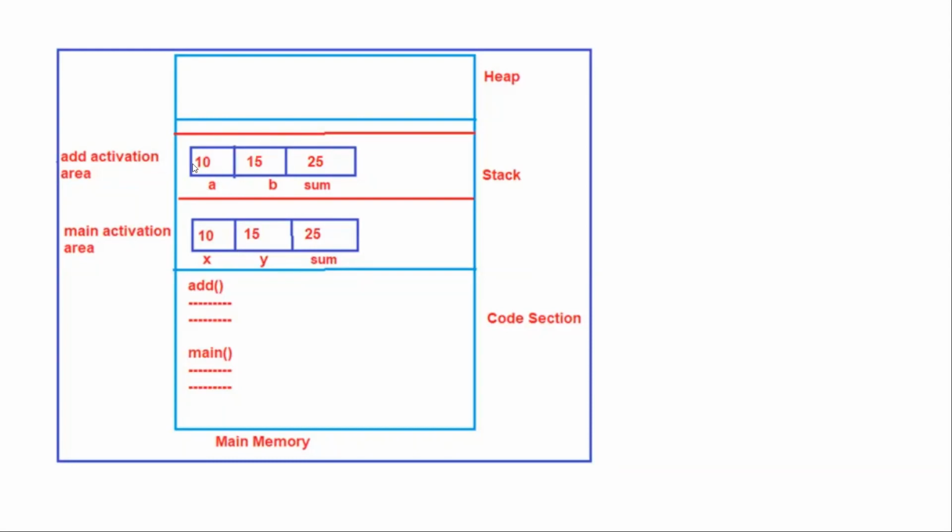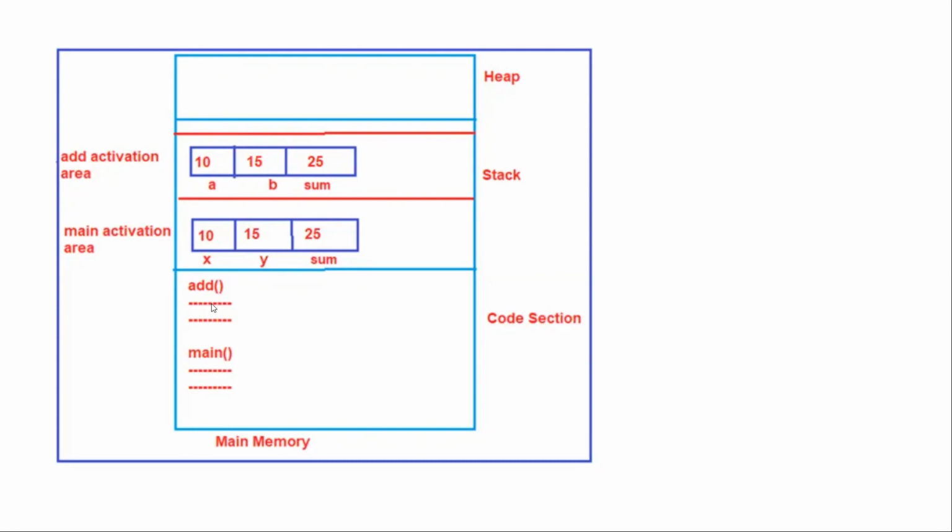As I said when I started the session, in monolithic programming, since you are writing everything in one single program, all the variables are loaded into memory at a time. But here, A and B and sum, these three variables did not load when you start executing the main method. They loaded only after you invoked the add function.